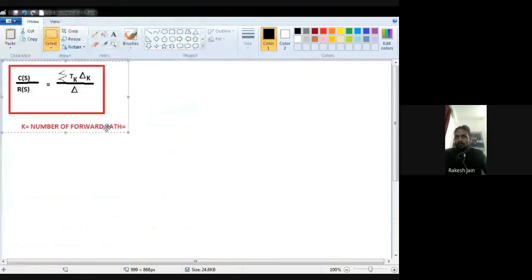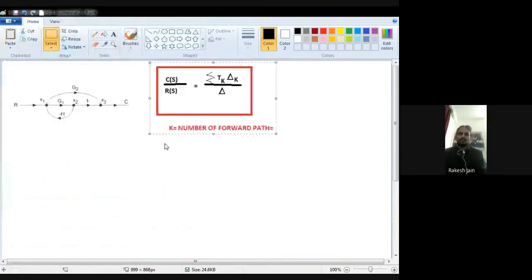Okay, so the first step is, first you should know the basic formula to find the transfer function of any signal flow graph using Mason's gain formula. And what is my formula? CS upon RS is equal to T1 del 1 plus Tk del k upon del, where the value of k denotes the converted formula.